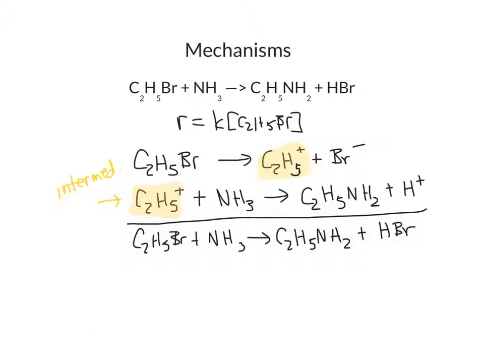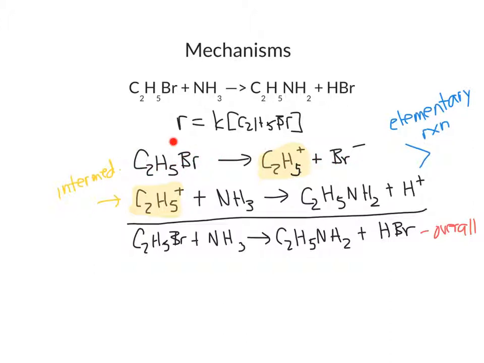The two steps that are combined to form the overall reaction are called elementary reactions, and we write these elementary reactions in such a way as to depict what is actually happening on the molecular level. So when we write a series of steps that add up to an overall reaction, we are intending that these elementary steps will depict what is actually occurring on a molecular level.